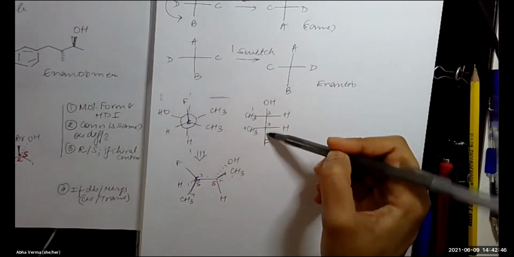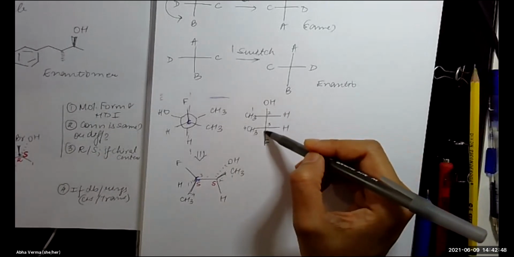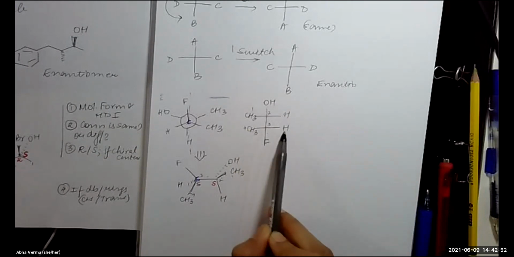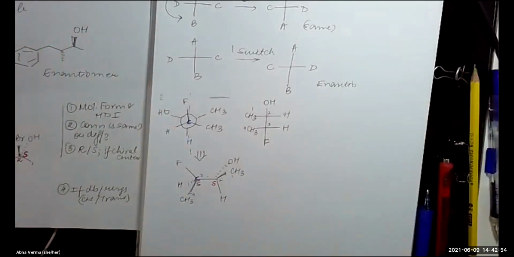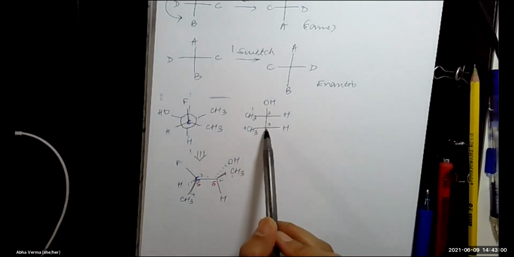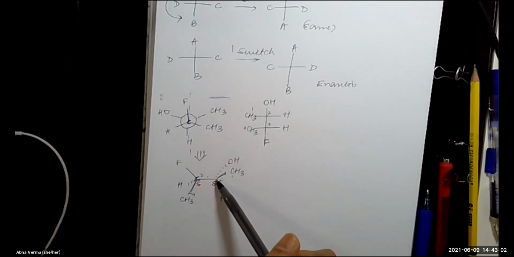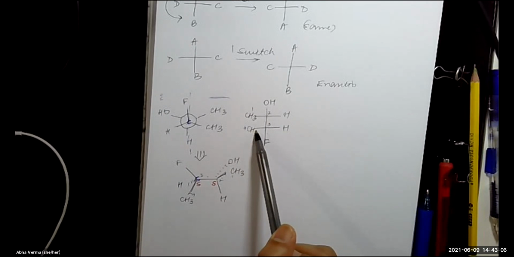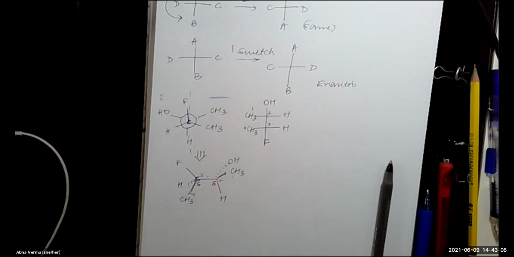Remember, for your Fischer projections, everything on the spine is going at the back. Everything on the sides is coming out at you. And so when I do my chirality centers, yes, this is chiral, yes, this is chiral, yes, this is chiral, and this is chiral as well.